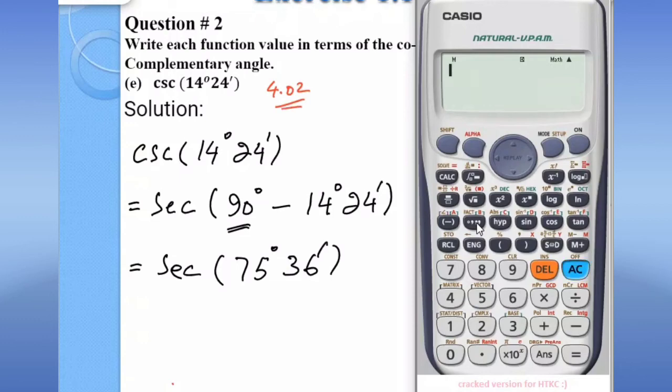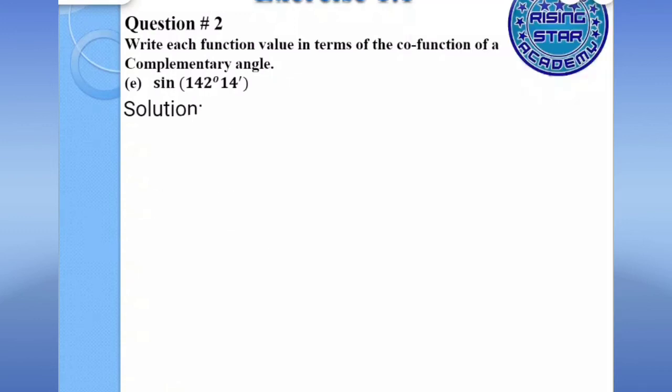Okay, now next I would check 1 divided by, for secant I would use the cos 75 degree 36 minute. Now the answer is same again, 4.02. So that would cover. Check. Answer is verified. Now move to the next part.